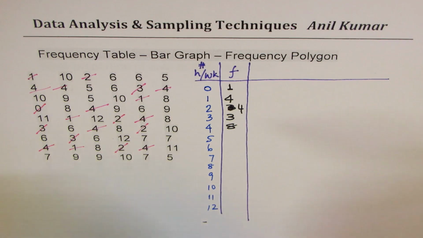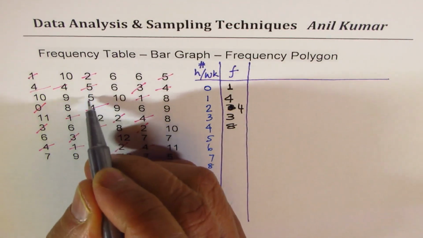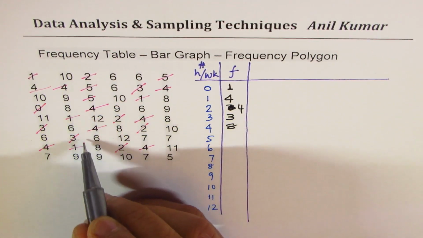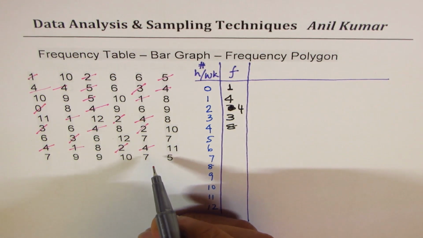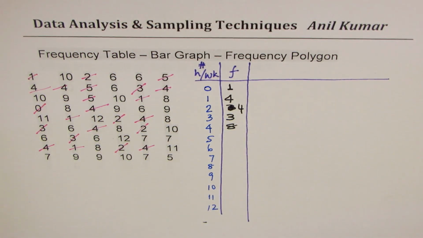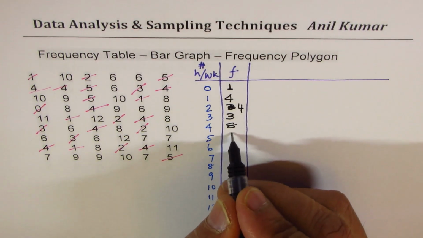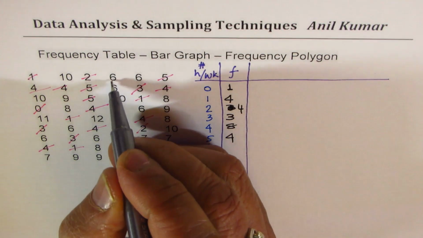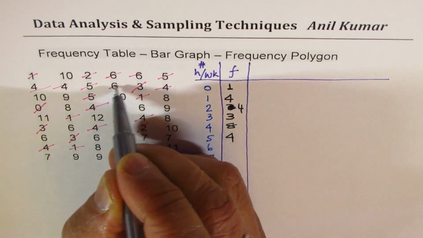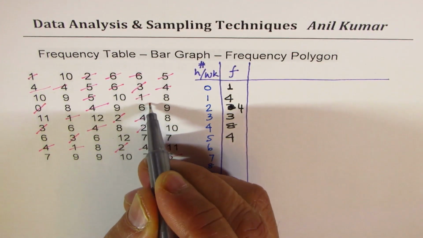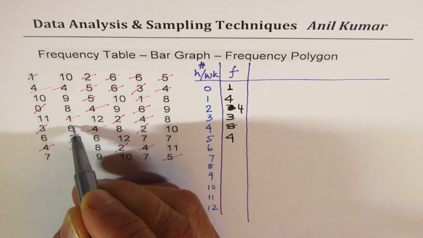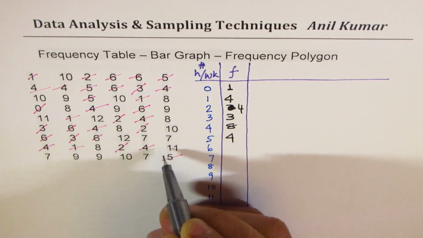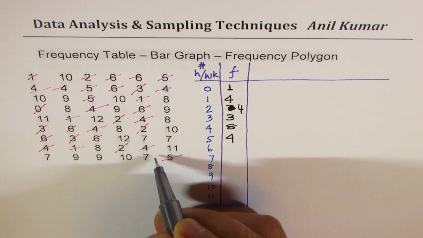Number of 5s, 1, 2, 3, and the last one, 4. Number of 6s are 1, 2, 3, 4, 5, 6, 7. So it seems we have 7 6s.